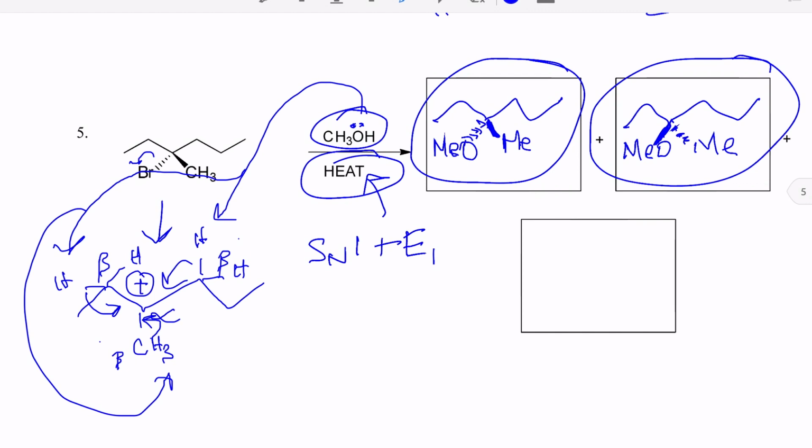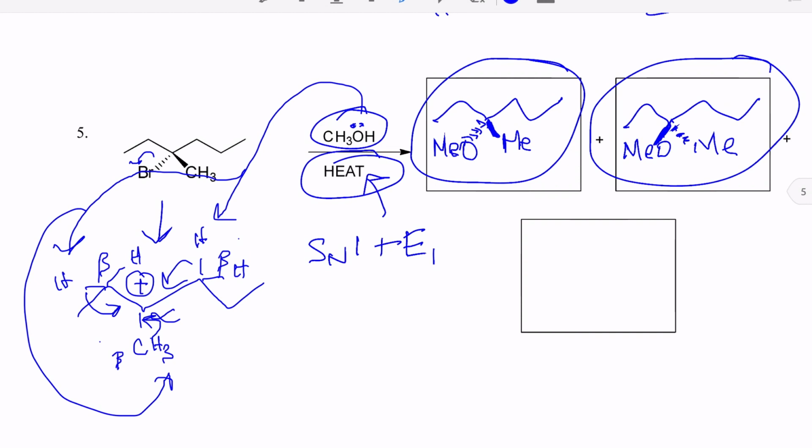And actually, the major product would follow Zaitsev's rule, right? We would get the most substituted alkene, but there are two possible combinations for that.